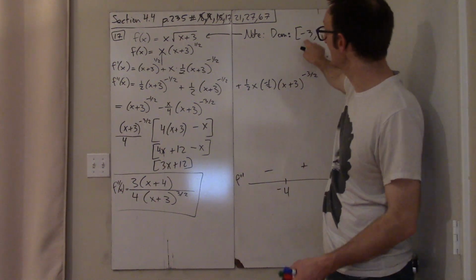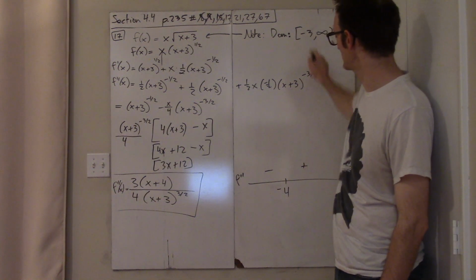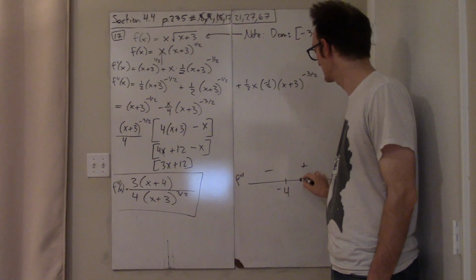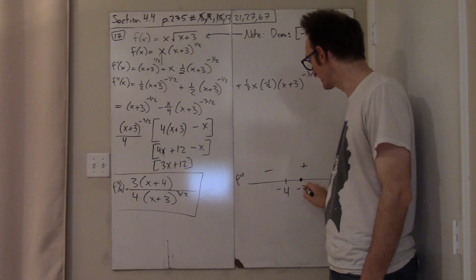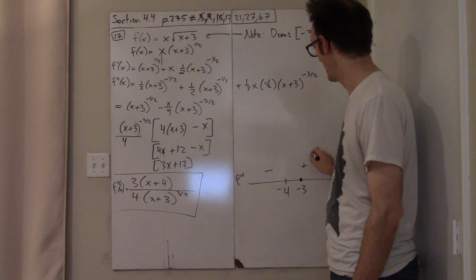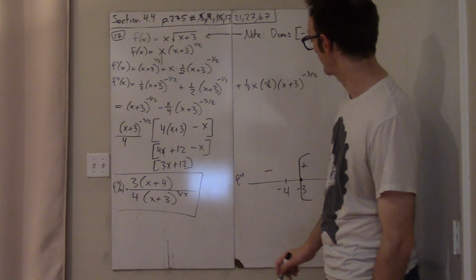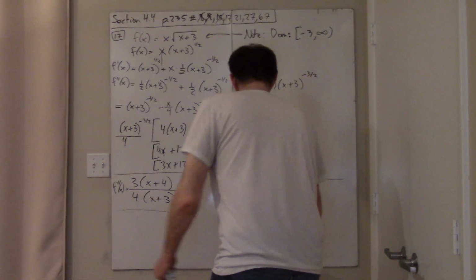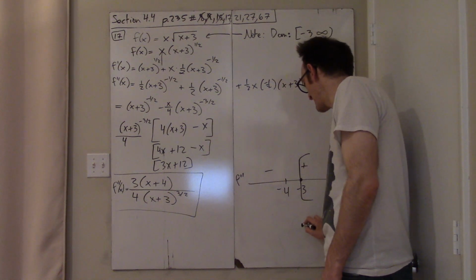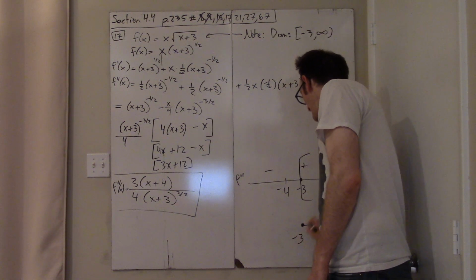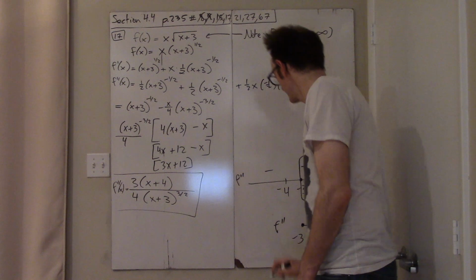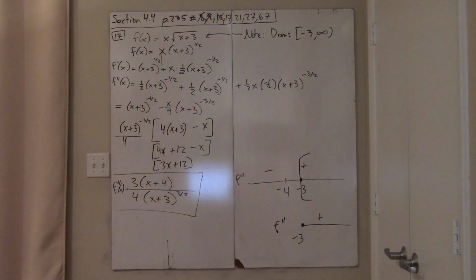But now, thinking a little bit more about this actual function, we see that its domain is only from negative 3 to infinity. And so the correct sign chart for this is just starting at -3, and the answer is that this second derivative is always positive.